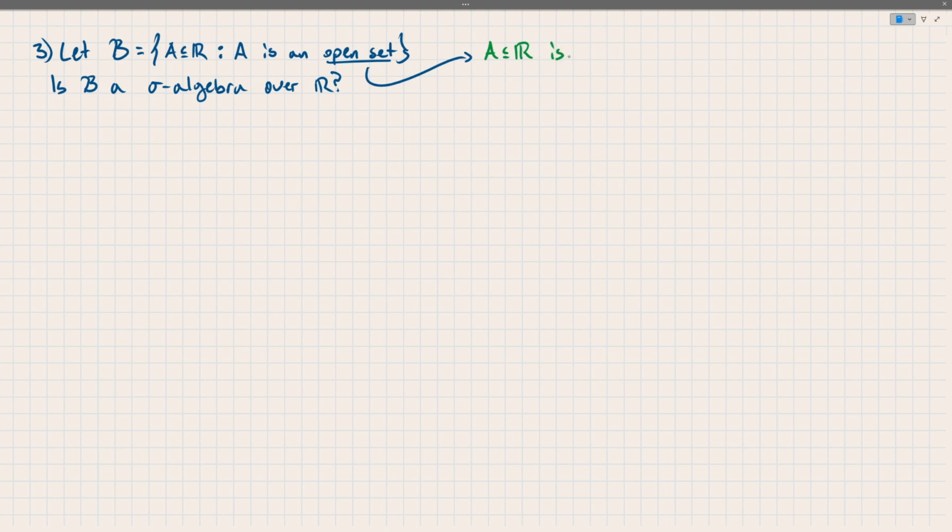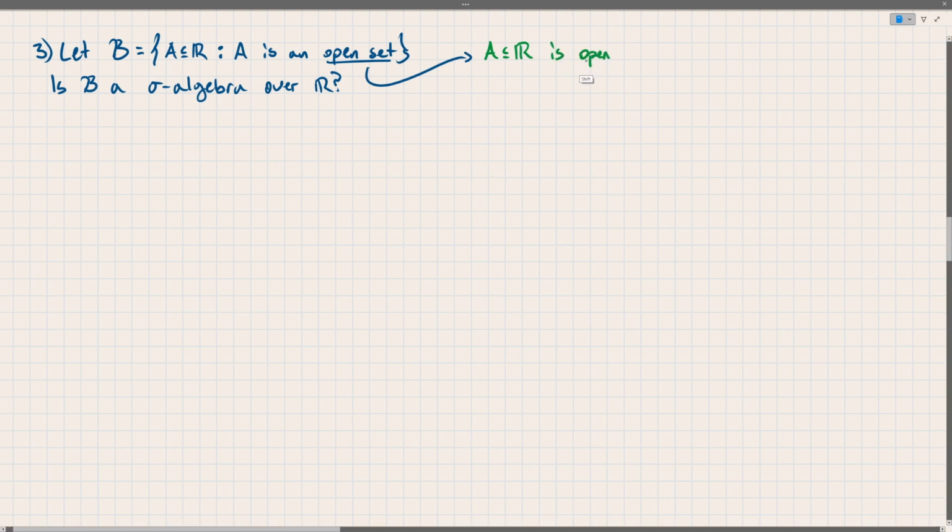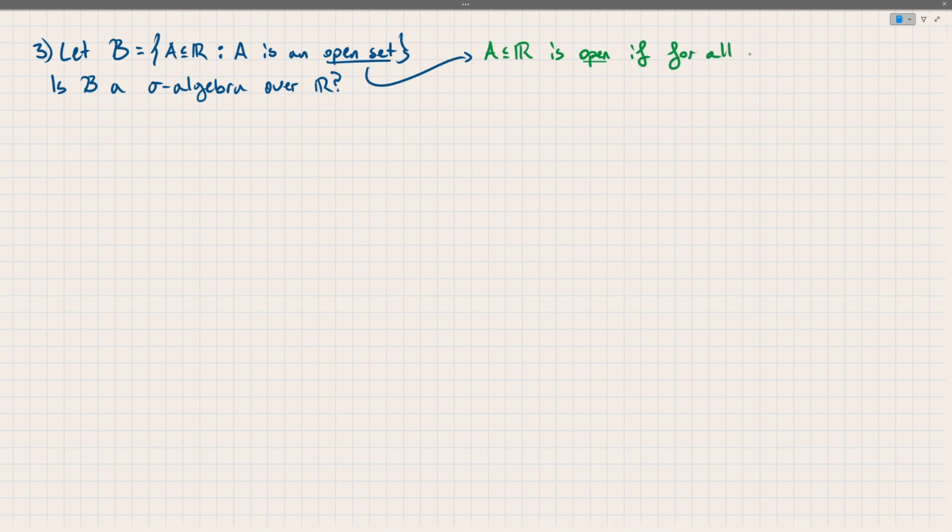This is open if for all, given any point in A, so for all points P in A, there exists some epsilon greater than 0 such that you could call it the epsilon ball around P. So you can say P minus epsilon, P plus epsilon.